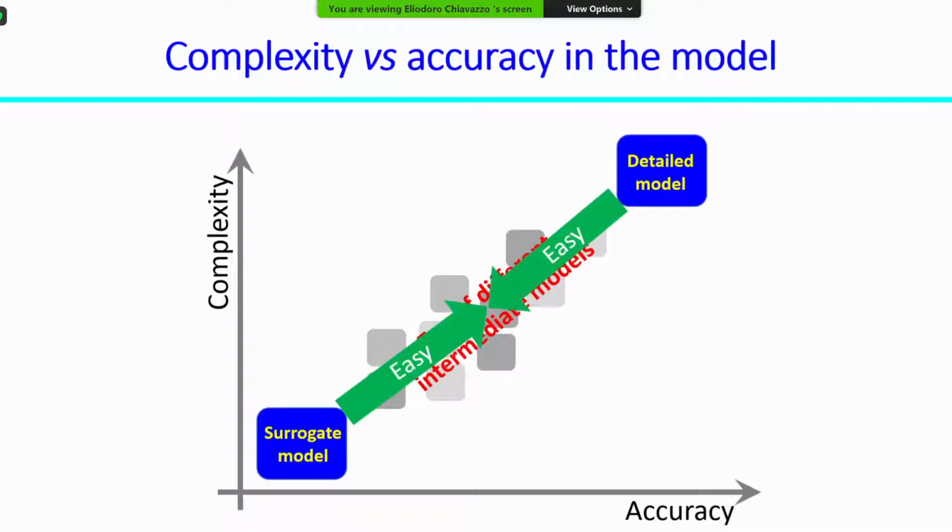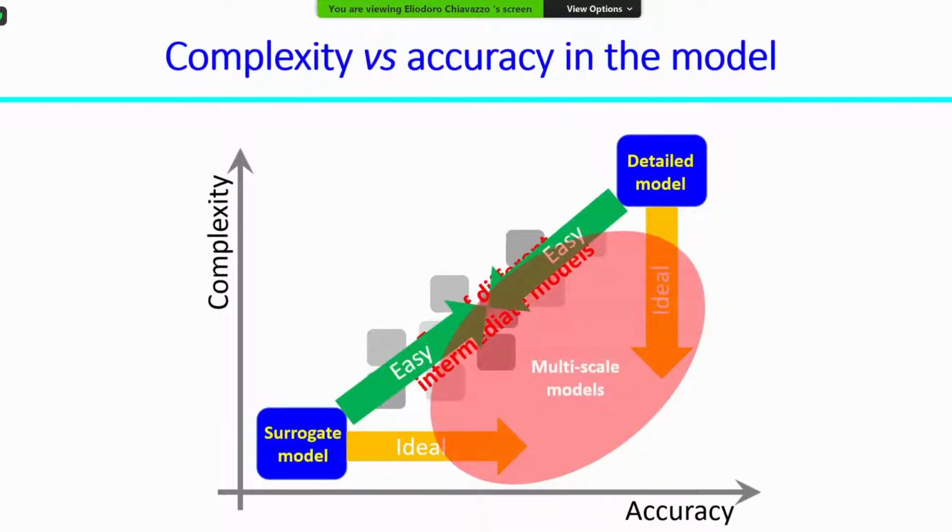And similarly, it's quite easy to take a surrogate model and increase the complexity, paying a price in terms of accuracy. But what would be ideal is to move like the yellow arrows in this plot. And if you manage to do that, you will get into the whole family of what we call multi-scale models that describe reality more or less well.